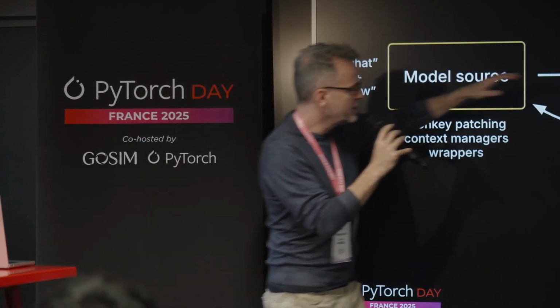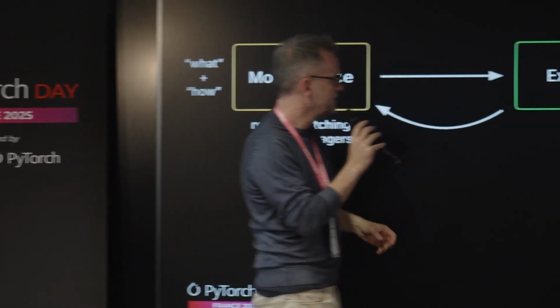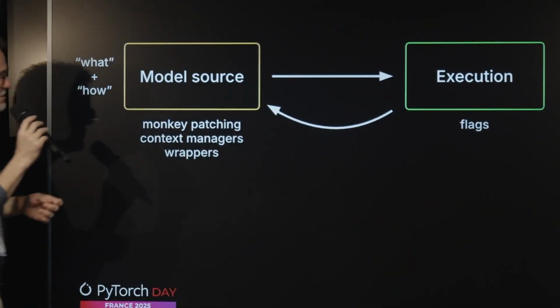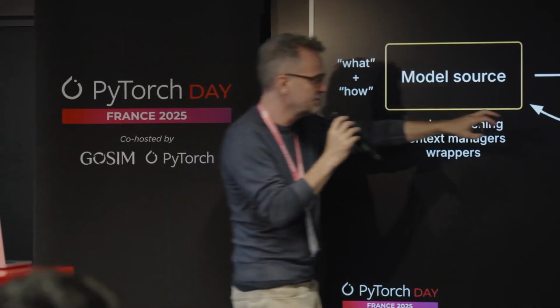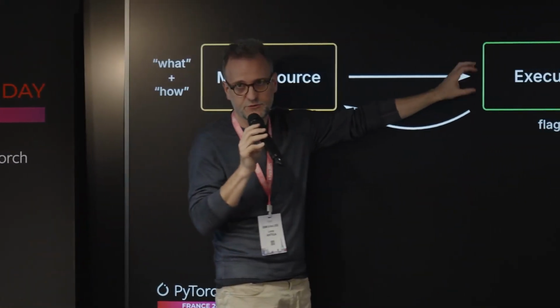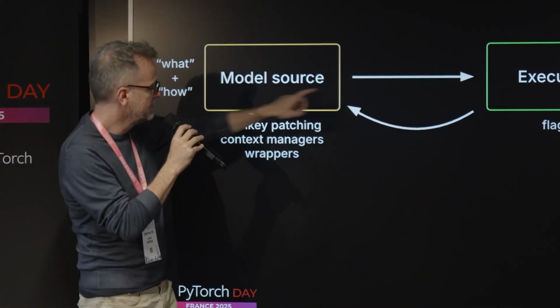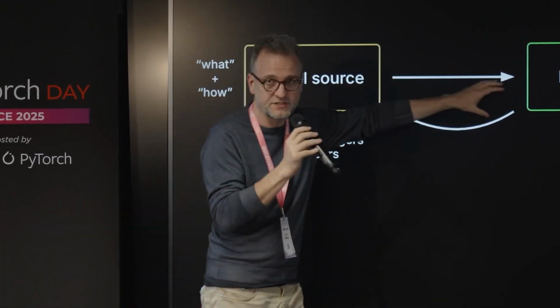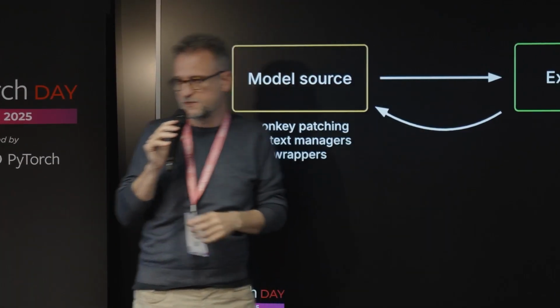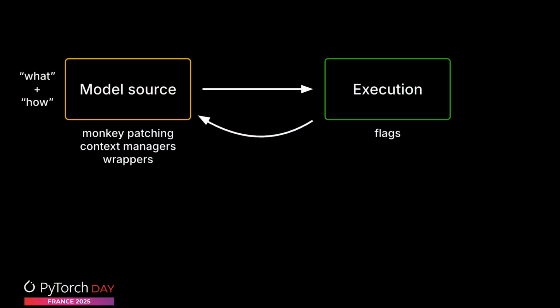And then they send it to execution. Execution can be, I don't know, PyTorch eager or different Torch compile and so on. And you have some flags here or passes that you can add to Torch compile. And so you go back here, change the source, then send it for execution and see what the improvements are on the other side.